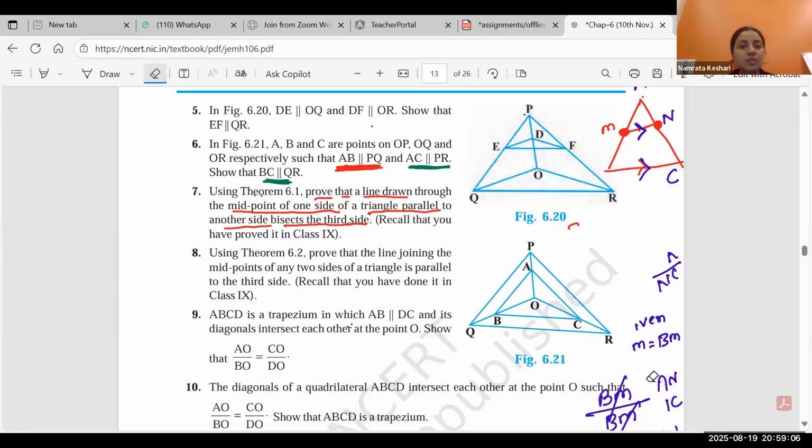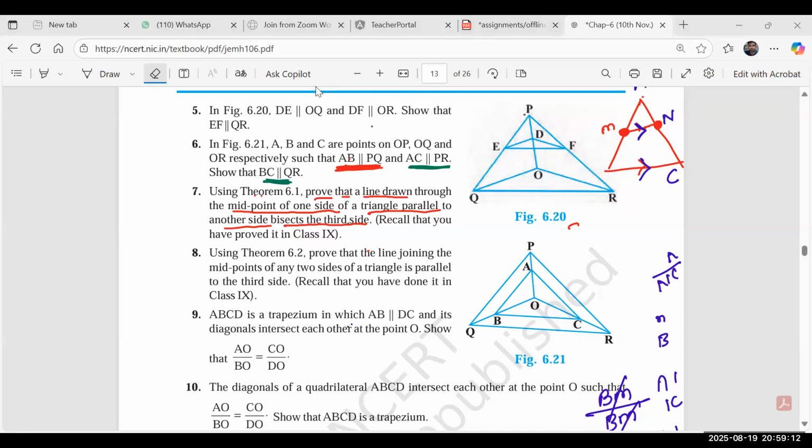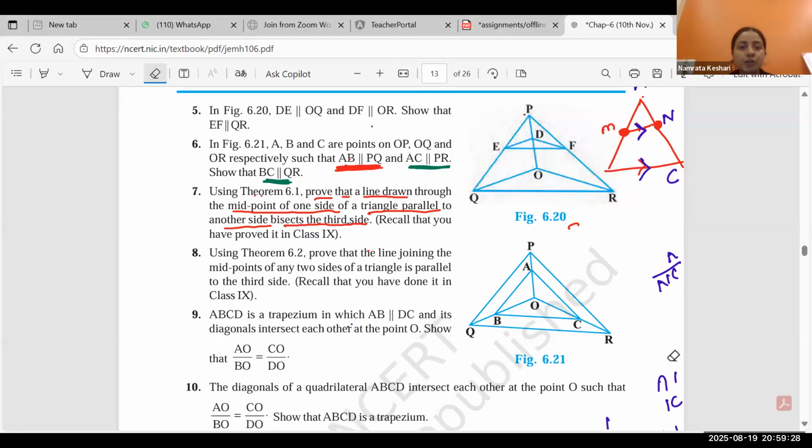So using theorem 6.2, prove that the line joining the midpoint of any two sides of a triangle is parallel to the third side.